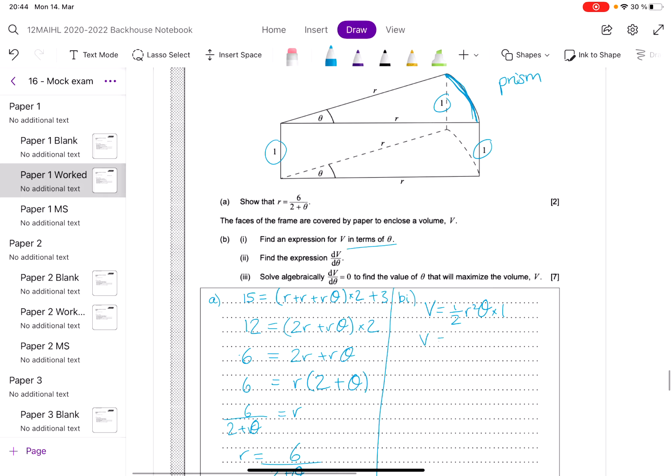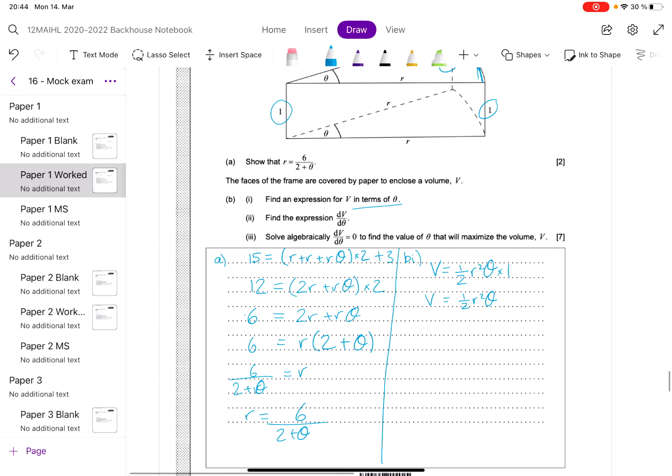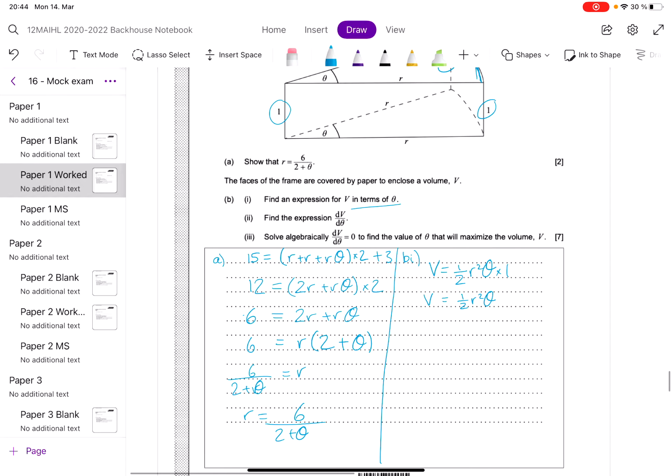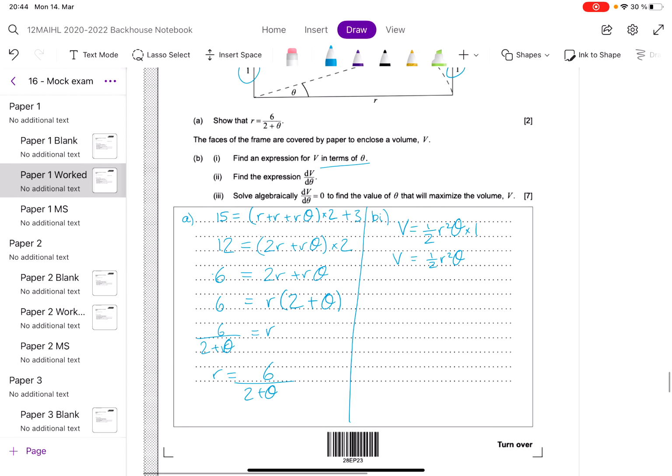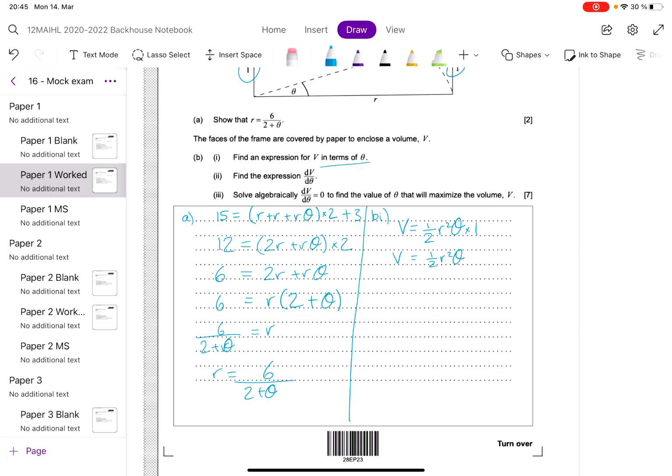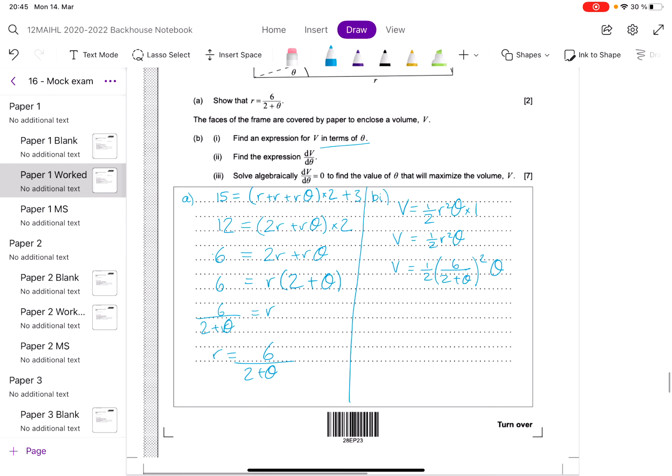Okay, so V equals a half r squared theta is a good start, but our formula here is in terms of r and theta. So we need to use part A. That's the whole reason it was to show that, because we're going to need it. So it is a half times 6 over 2 plus theta squared times theta. Let's tidy this up a bit.